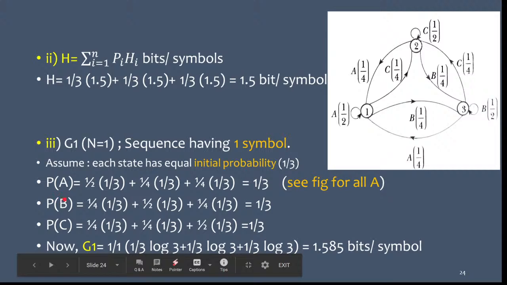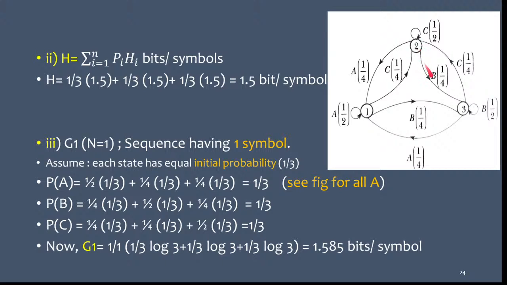Next, the probability of generating B from this source. You need to find out in this figure which states generate B. For example, state 1 generates B. Yes, state 1 generates B here. And next, any other B? Okay, here.